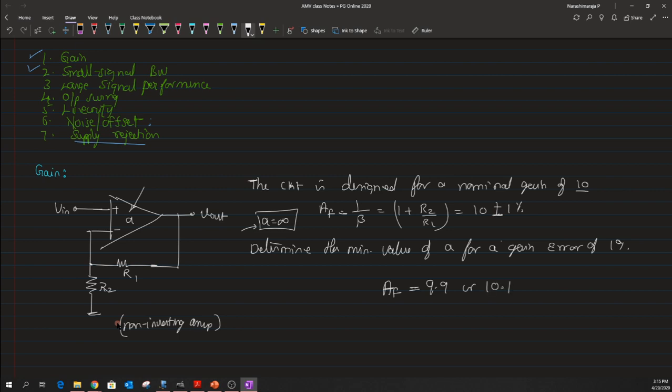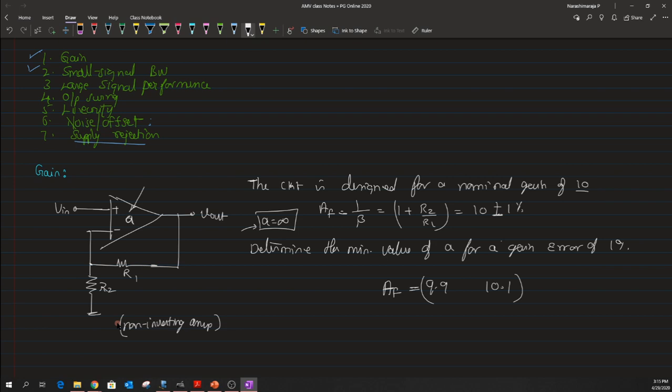Within this range we want this gain to be located, we don't want the gain to be out of this range. Now for that, what is supposed to be the minimum value of this open loop gain A is the question.